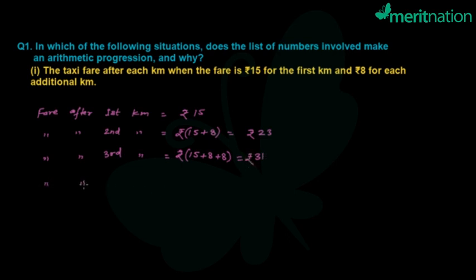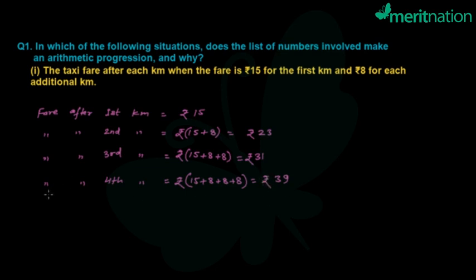Fare after fourth kilometer becomes 15 plus 8 plus 8 plus 8. First kilometer, second kilometer, third kilometer, fourth kilometer. So total becomes 39 rupees.